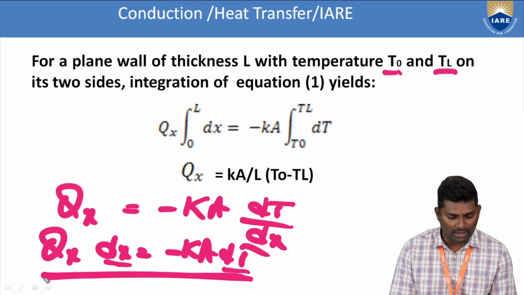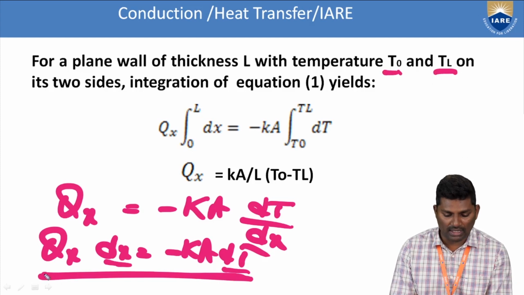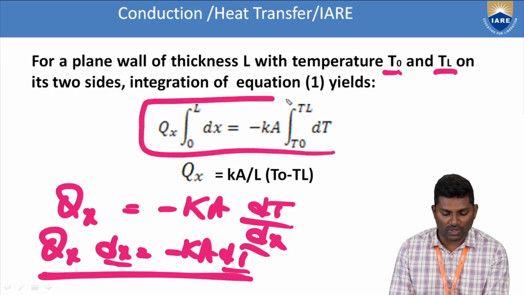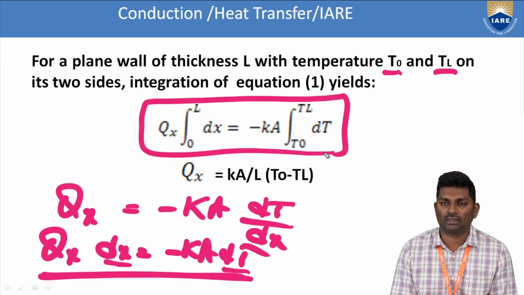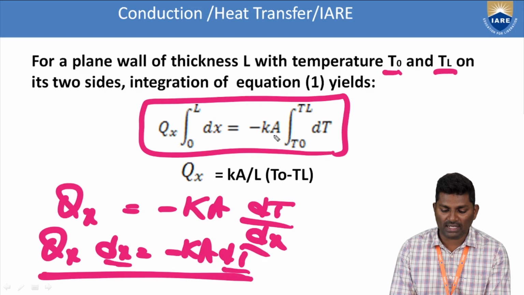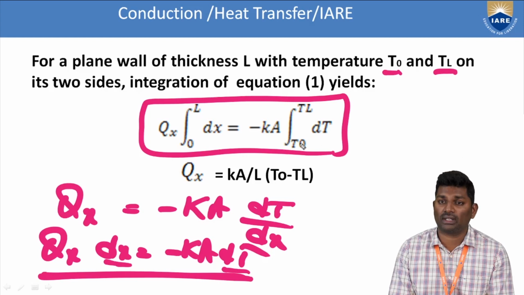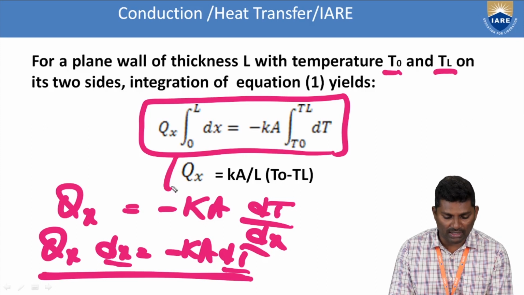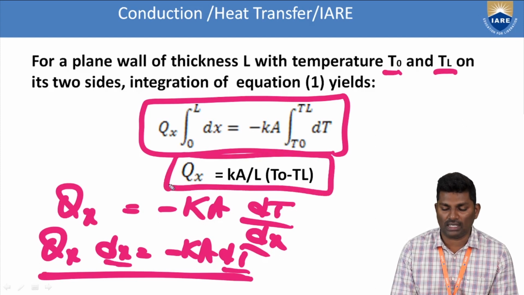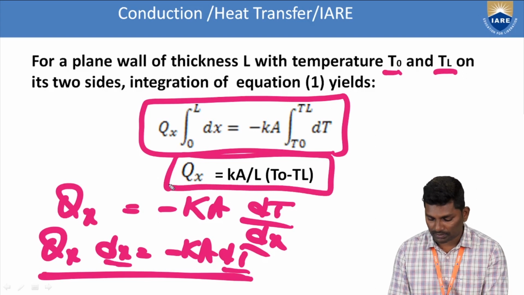So I integrate the equation: Qx integral of 0 to L dx is equal to minus KA integral of T0 to TL dT. T0 and TL are the change in temperatures in the considered wall. So ultimately after integrating and applying the limits, you will get the equation as Qx is KA by L into (T0 minus TL).